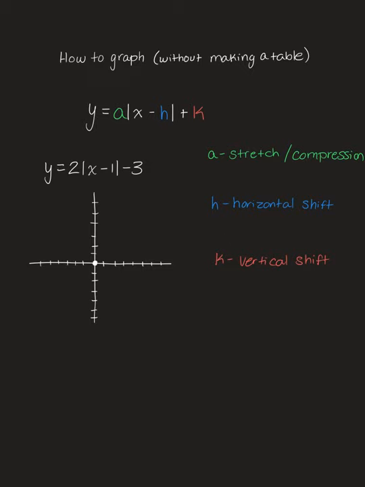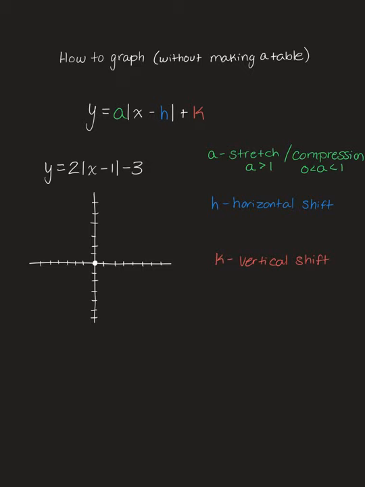So a, which is being multiplied by that absolute value, tells you whether it is a stretch or a compression. If it is a stretch, that means that your a is bigger than 1. Okay? If it is a compression, then your a is between 0 and 1.